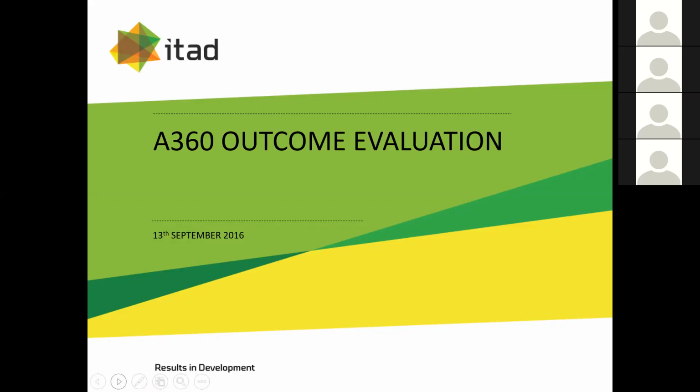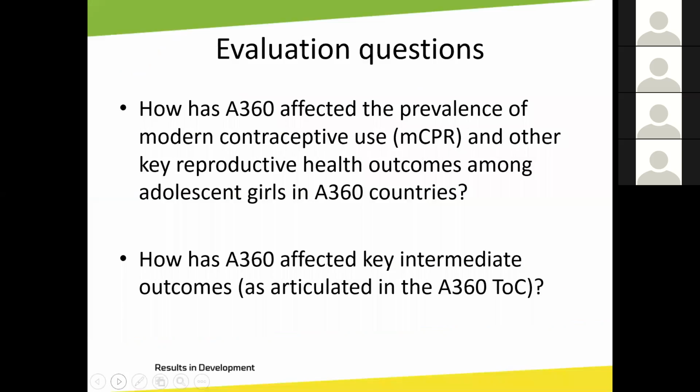Okay, thanks everyone. So my name is Aoife Doyle. I'm going to present the outcome evaluation, which LSHTM in the UK are leading. Next slide, please. So the two main evaluation questions that we have are firstly, how has A360 affected the prevalence of modern contraceptive use?